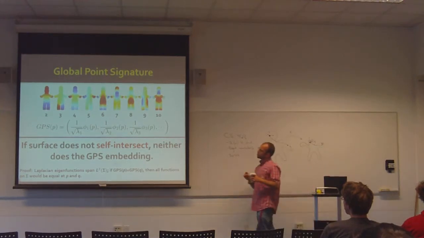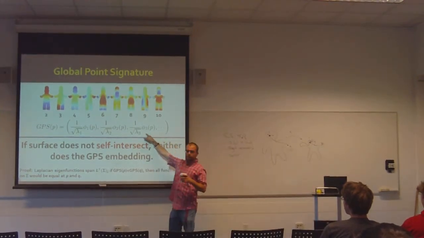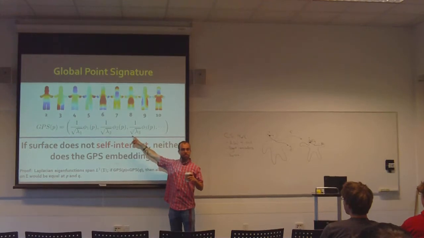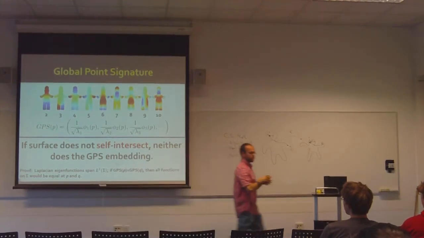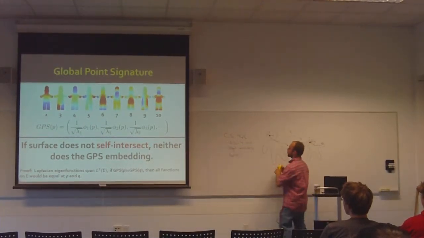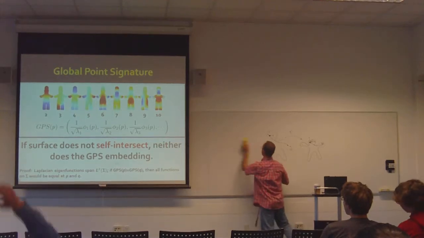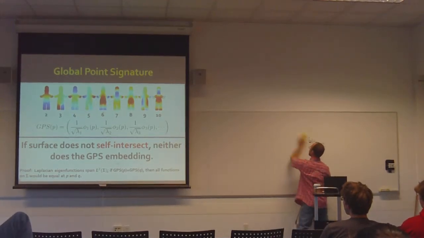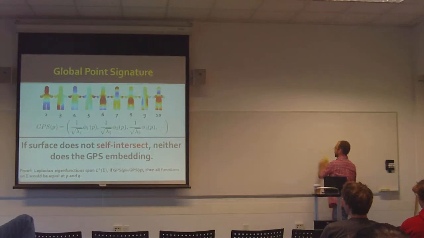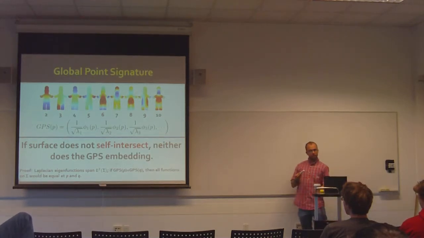So one way to think about a descriptor is that it's an embedding of your surface. That's a little bit abstract. Maybe I should draw a picture. Let's say that I compute the first 100 GPS coordinates of each point on my surface.